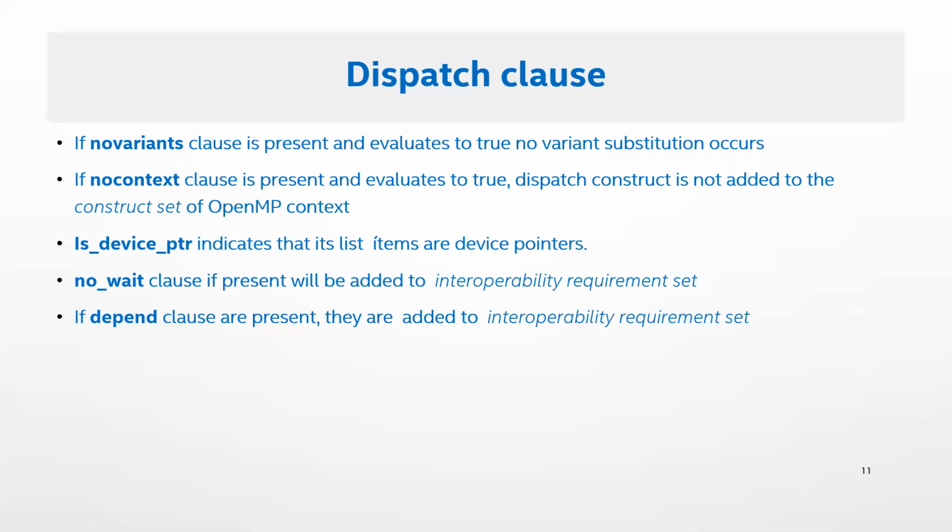And is_device_ptr indicates that it's already a device pointer, so you just pass it as is if the user has requested in the variant function that he needs a device pointer. And the nowait allows you to execute this construct asynchronously by adding it to the interop requirement set. And the depend clause enables you to have dependences between other tasks, and it'll be added to the interop requirement set.